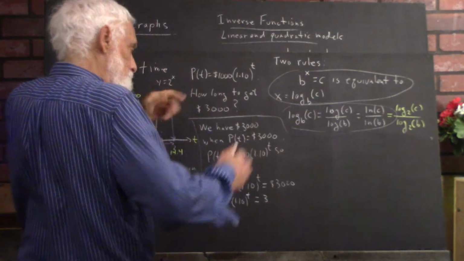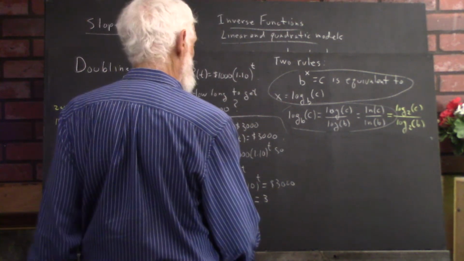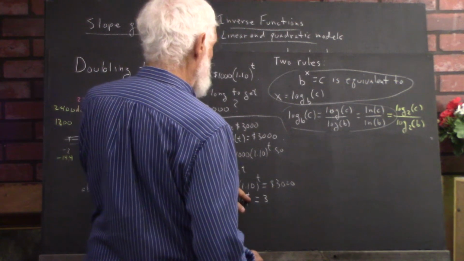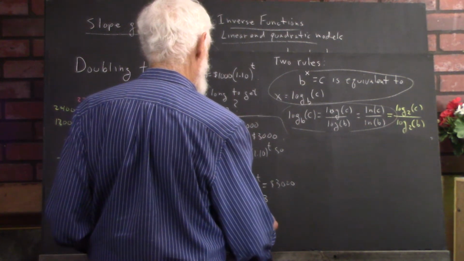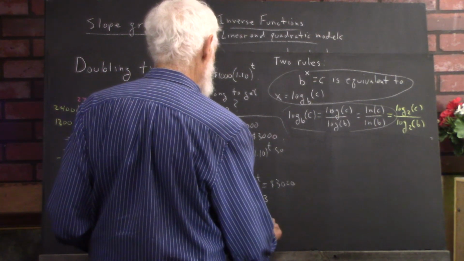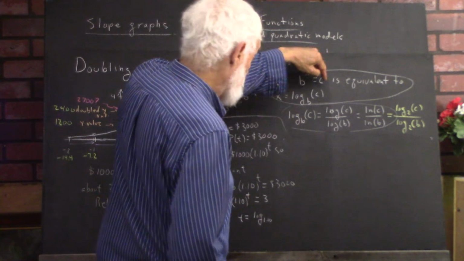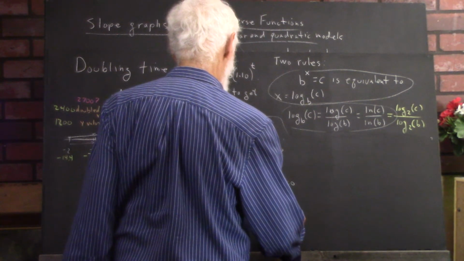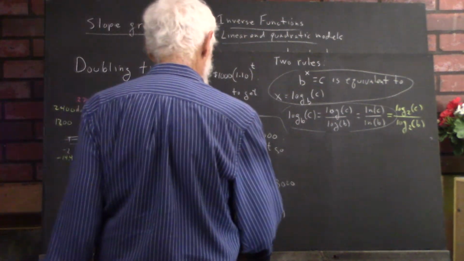It's an easy adaptation. So this is going to be equivalent to what? B is 1.10. Instead of x we got t, so we can write t equals log base 1.10 of 3. And how do we get that?